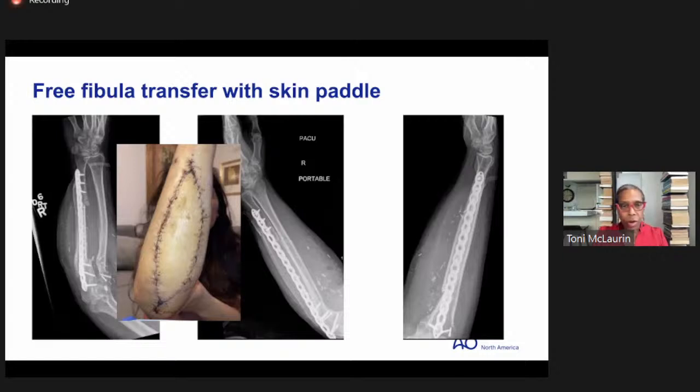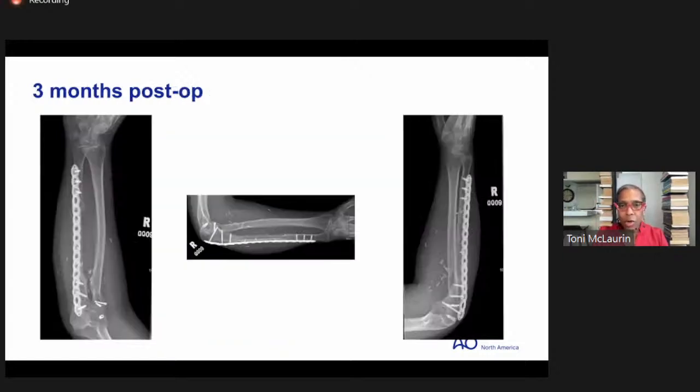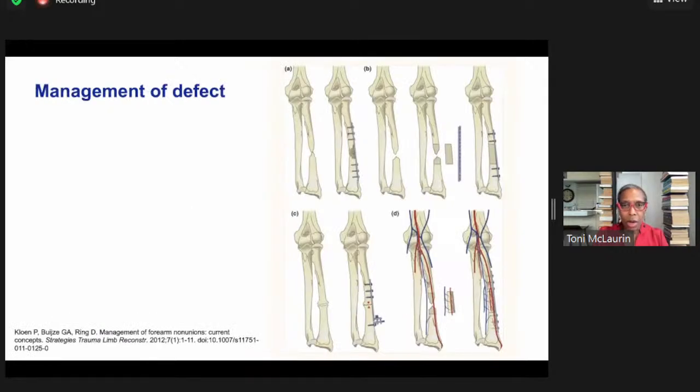And very coincidentally, she just showed up last week for follow-up. And she's incorporating her free fibula. So you see that's a huge area that's being incorporated right there, but it's compressed on both sides and looking pretty good there. So again, restoring every single articulation in the arm, restoring the bow of both the radius and the ulna.